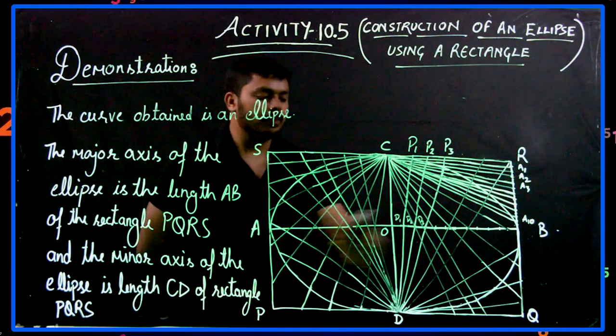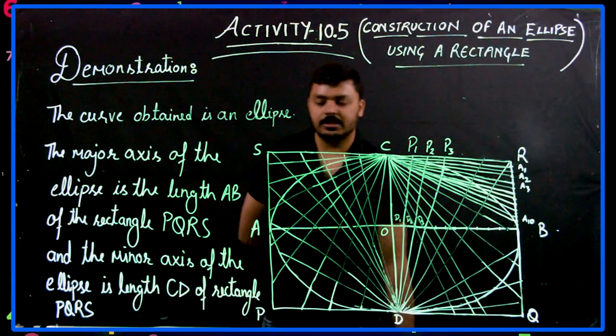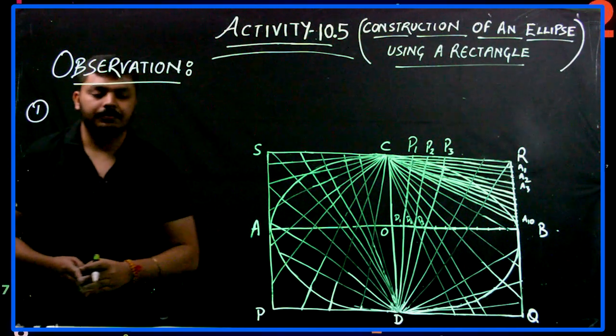So the length AB is the major axis, whereas the length CD is minor axis. So students, now let's see the observation for the given activity.